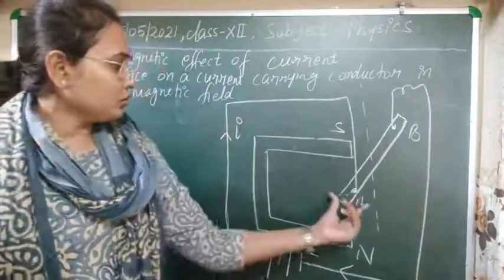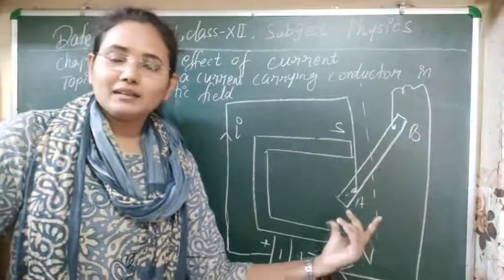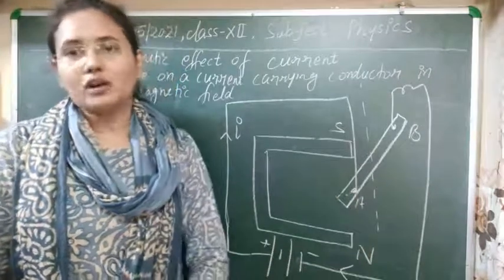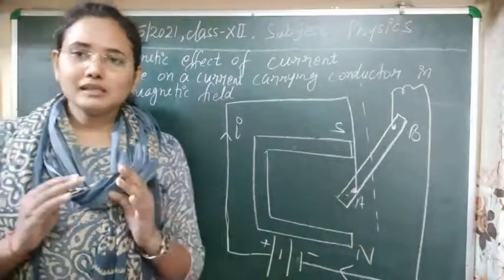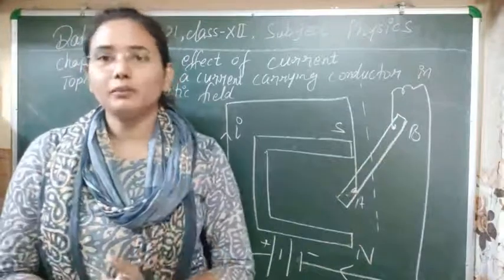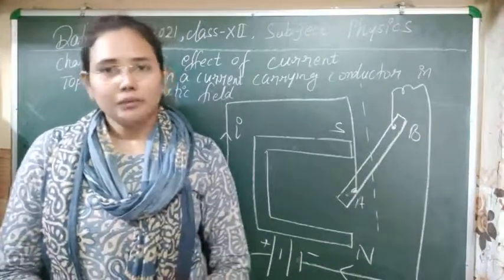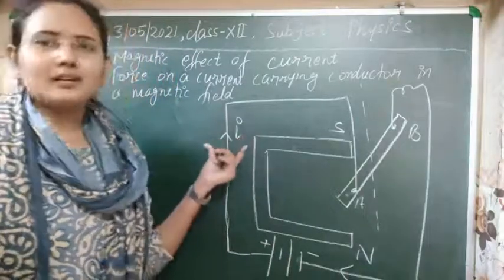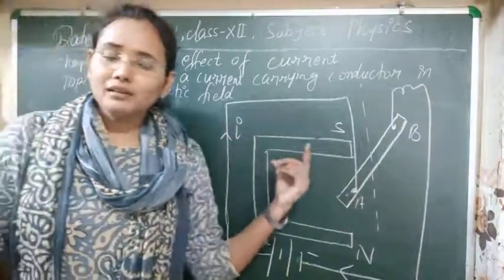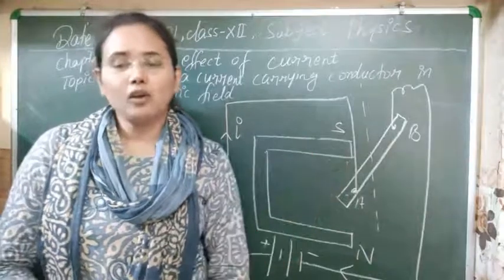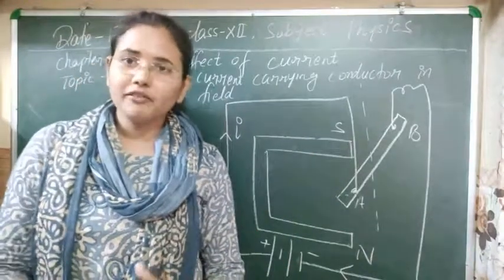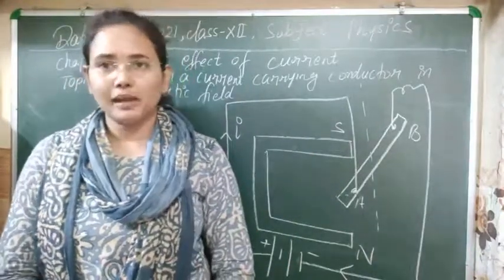Due to that force it will deflect either to the left side or the right side. So the simple thing is that whenever we put a current carrying conductor in a magnetic field, whether the current is steady or varying, it will always feel deflection, or experience a force due to that magnetic field.